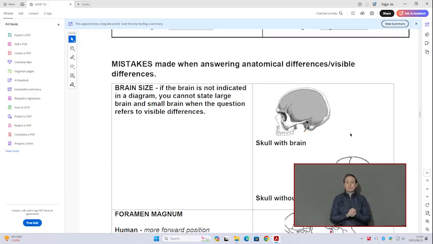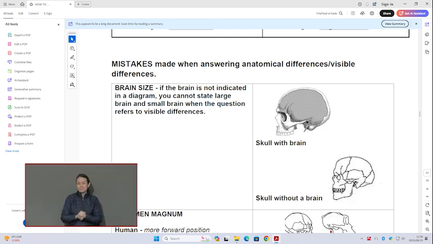So the mistakes made when answering the difference in terms of the brain size. You see here I have two skulls. This skull, this one, it is showing the what? The brain. Whereas this one, it is not showing the brain.